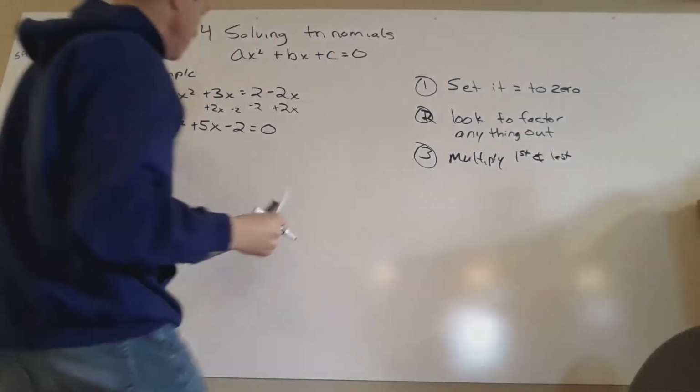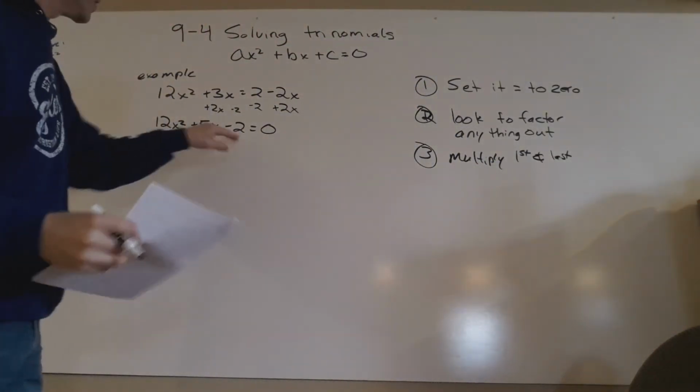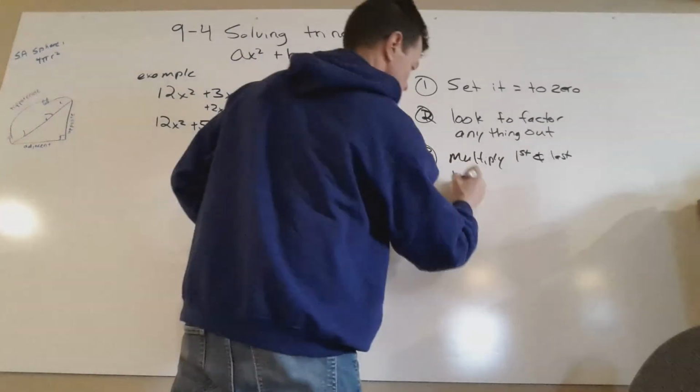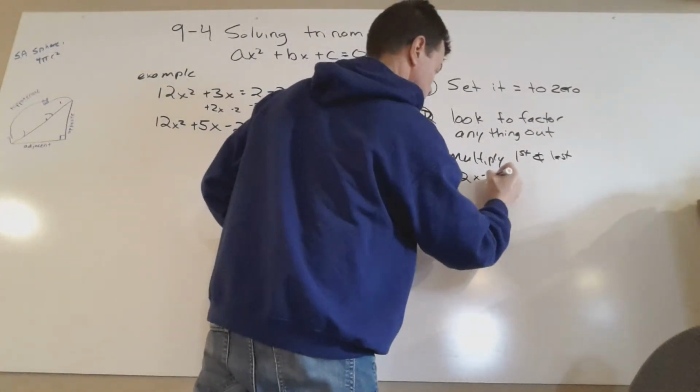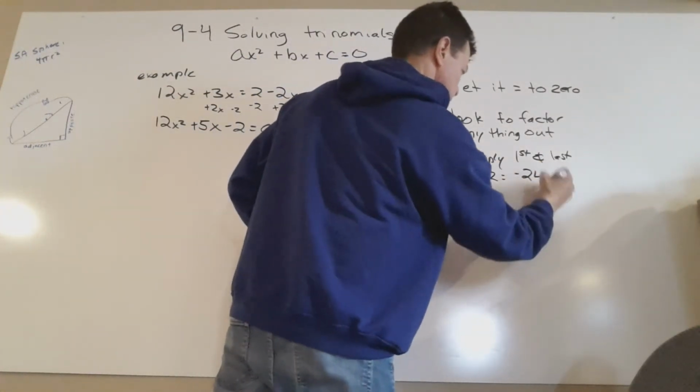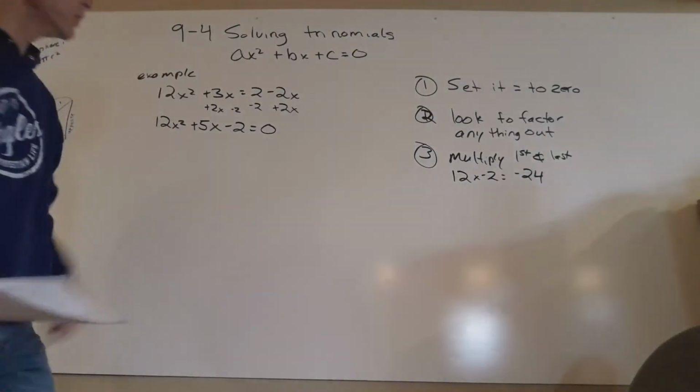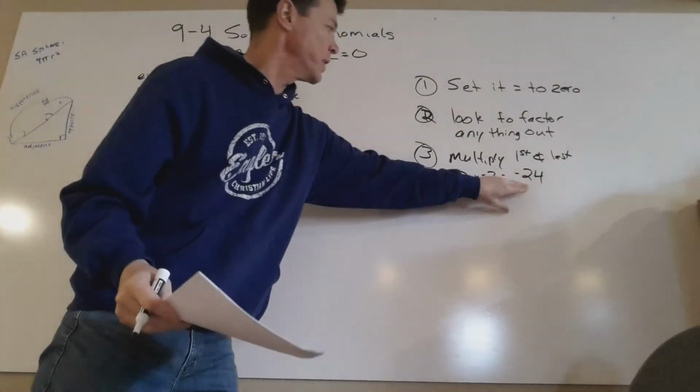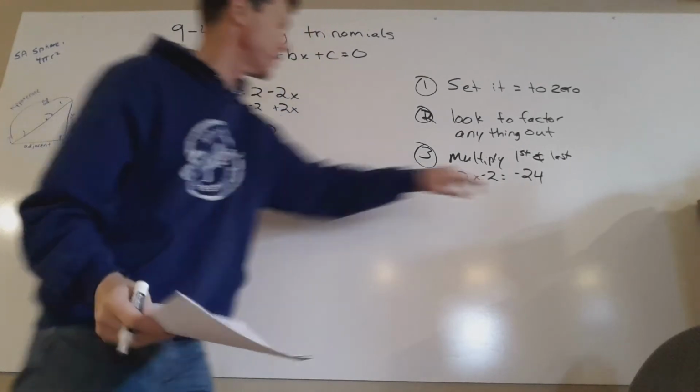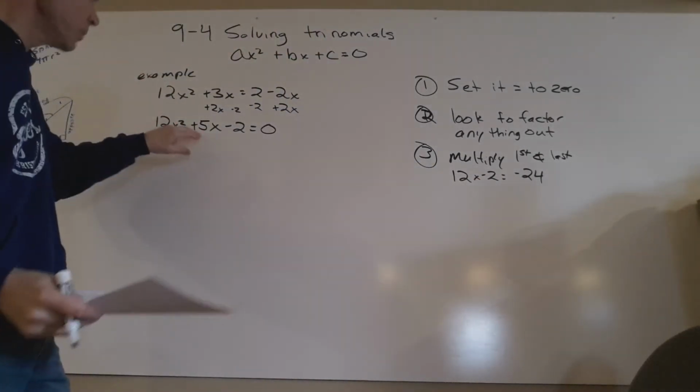So that's 12 times negative 2, which is negative 24. And we are looking for two factors of negative 24 that add up to 5.